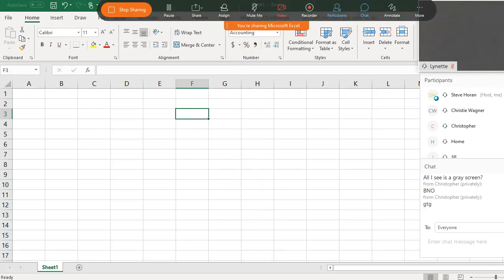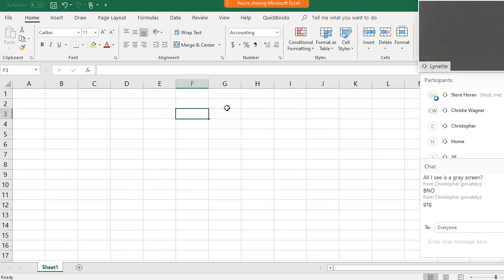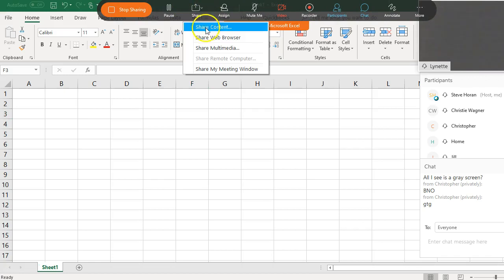I don't know if I can jump between. Okay, what do you see now? Do you still see Excel, or do you see gray screen? Well, darn. But now you see Excel? Oh, fun. This is going to be great. Still a gray screen.